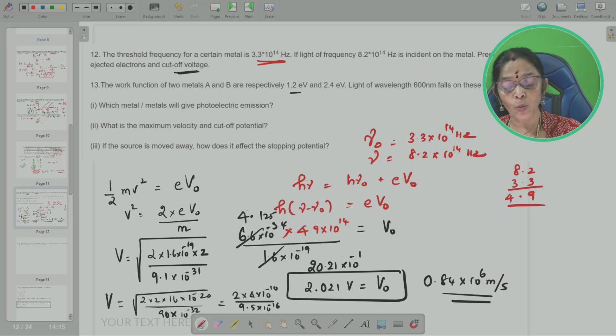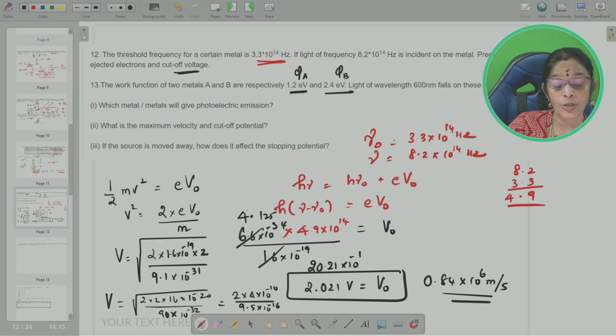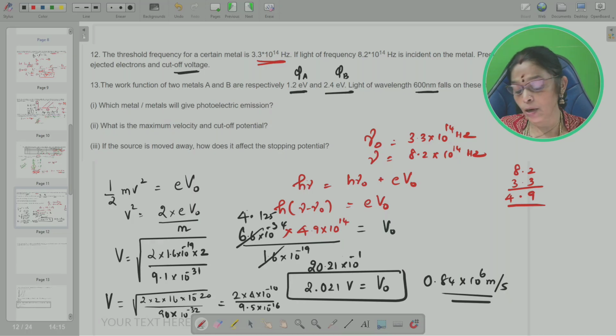The work functions of the two metals are given: for A it is 1.2 and for B it is 2.4, which is double. Light of wavelength 600 nanometer falls. Which metal will give photoelectric emission? Already we have seen the condition for photoelectric emission to take place: hc by lambda, in eV, should be greater than the work function. What is hc by e?